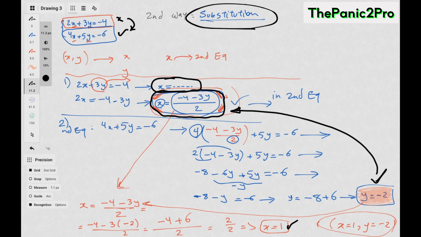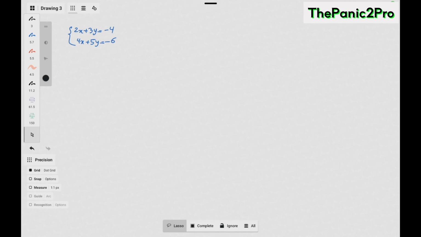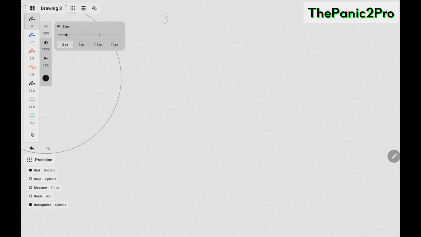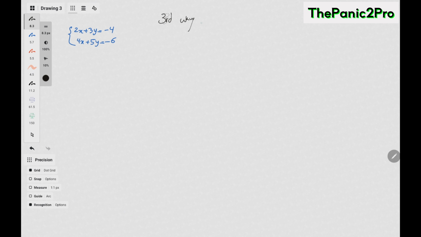Next way is elimination, the third way. Let's go and see how it works. Now we have the same system of equations. What is the third way? The third way is elimination. And what we are going to do here, we try to eliminate something, right?